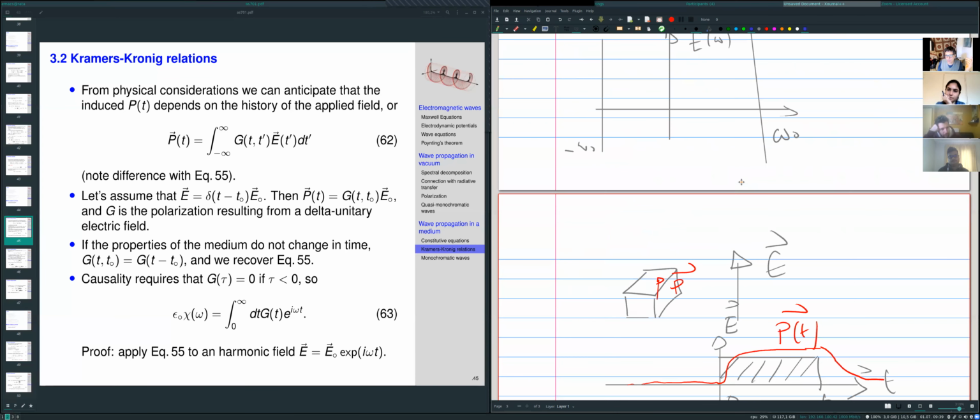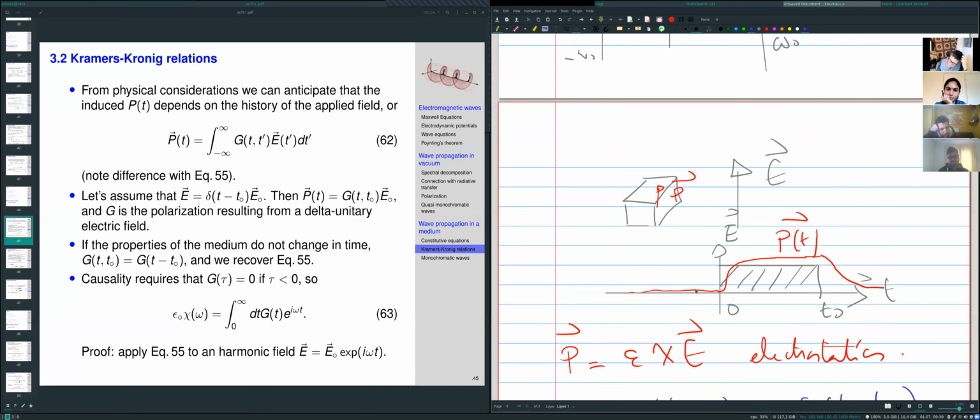Going back to this drawing, the polarization here cannot depend on what happened after 0. Whatever the experimentalist decides to do in the future is not going to affect the past. Only the past can affect the present, but not the other way around. So this is causality.